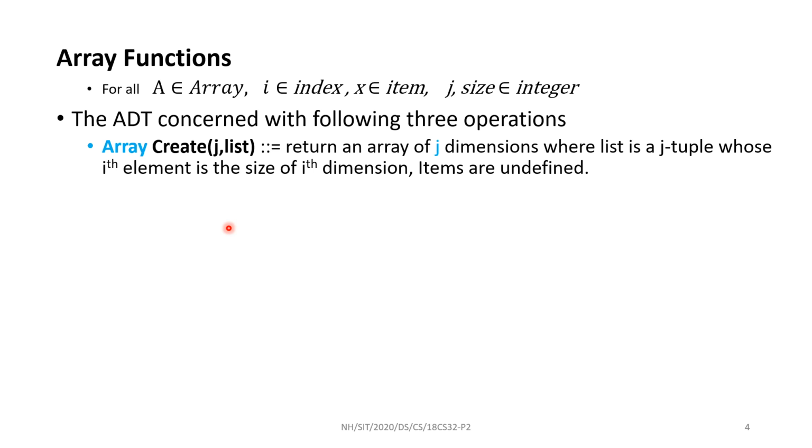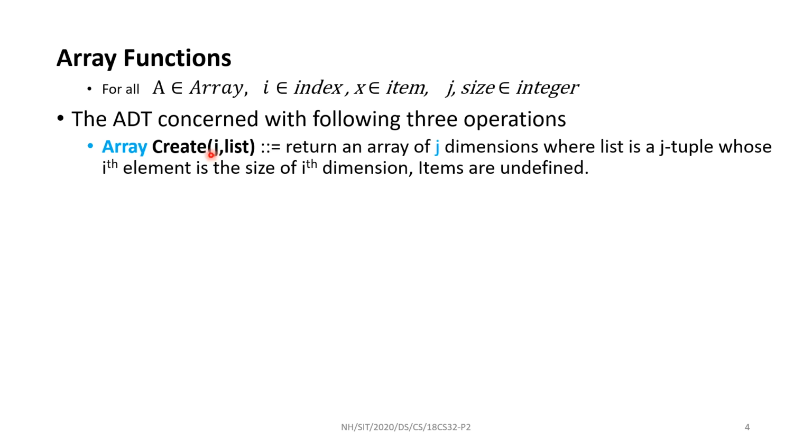For creation, we need to provide at least two pieces of information: the array name and the index value, that is, how much size you are going to allocate. Is it 2 cross 2, 4, or single dimension of size 10? So the dimension is required. Here J is a dimension.